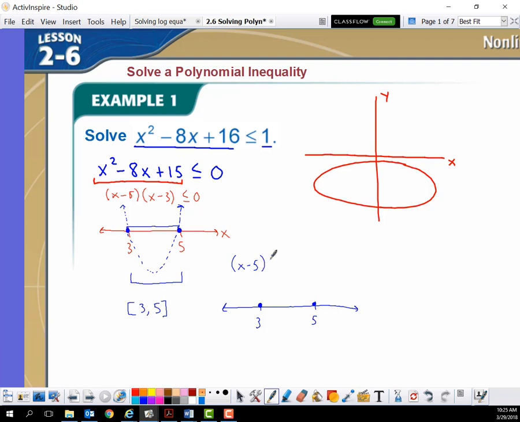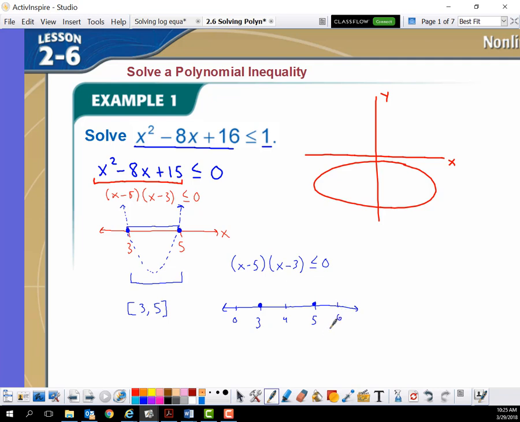After I factored that, I had x minus 5 times x minus 3 less than or equal to 0. I'm going to pick a test point in each one of these regions. Something less than 3, I'm going to use 0. Something between 3 and 5, I'm going to do 4. And something greater than 5, I'm going to just do 6.